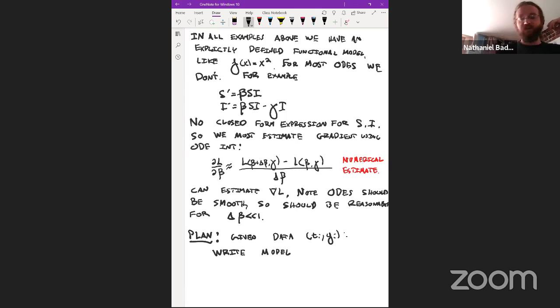so we write a model using ODE-int. Sorry, let me be a little more clear. So given some data and a model, we want to pick some starting parameters.